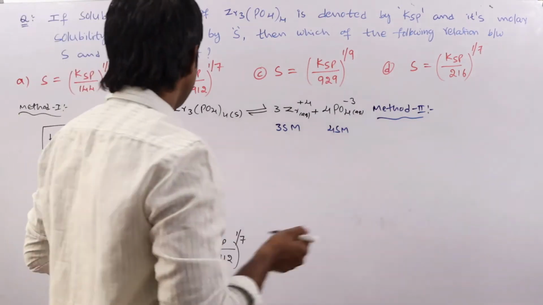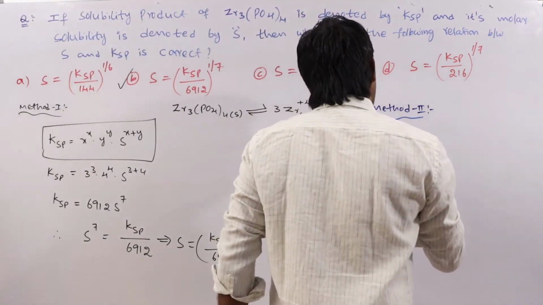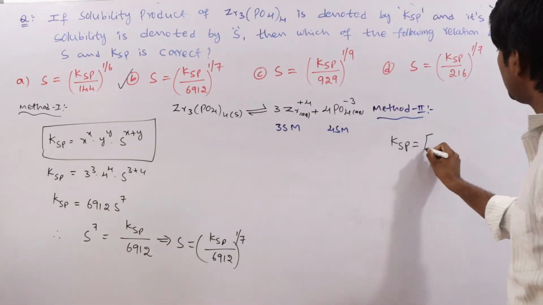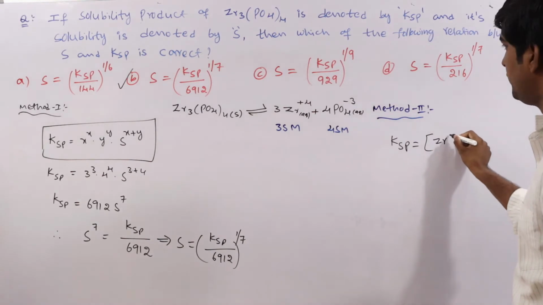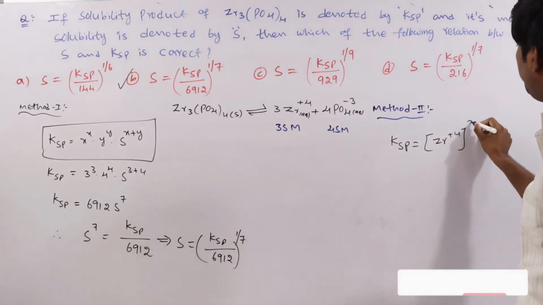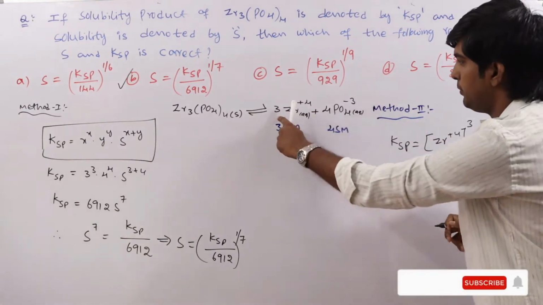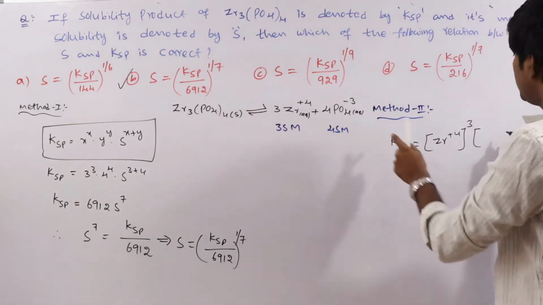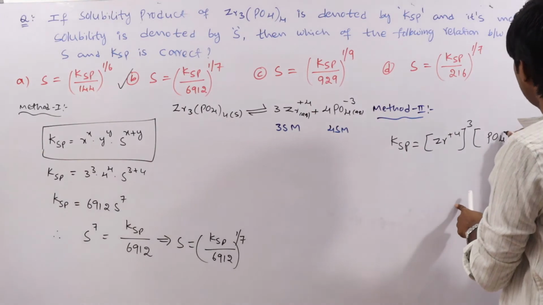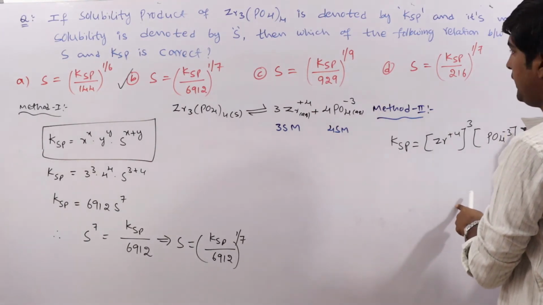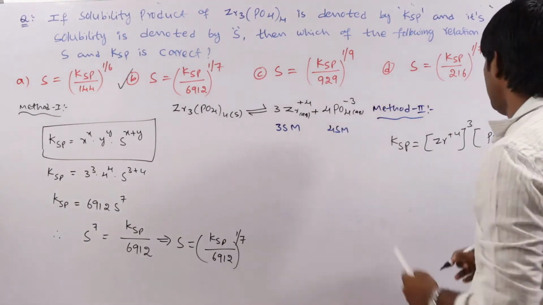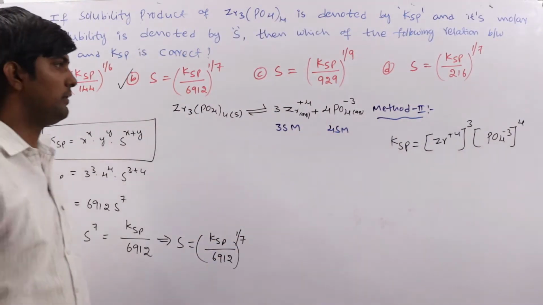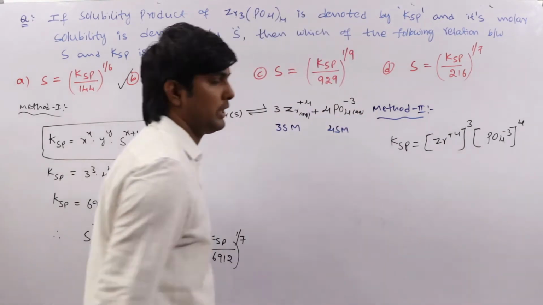The Ksp expression for this salt is the concentration of zirconium plus 4 whole power 3, since the stoichiometric coefficient comes here, into the concentration of phosphate whole power 4. This is another way we can solve it, by writing the Ksp expression.